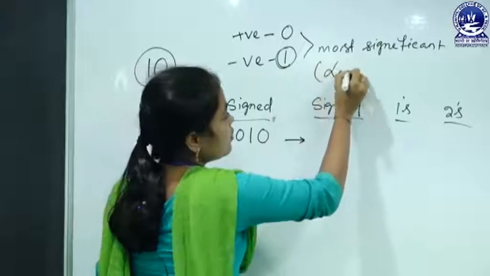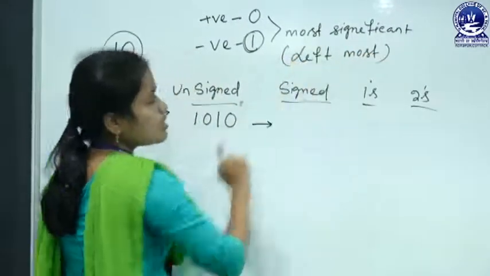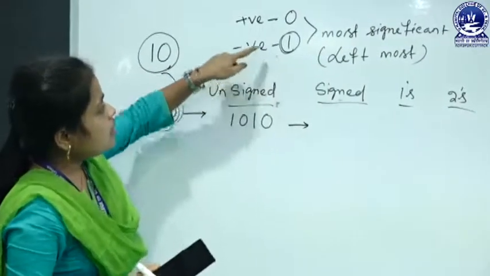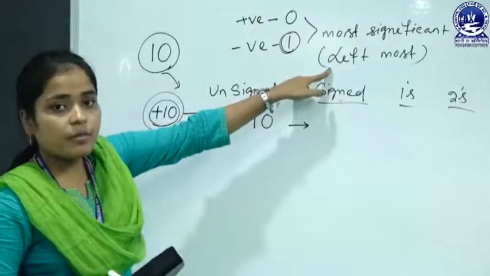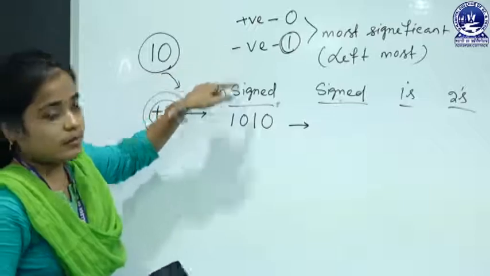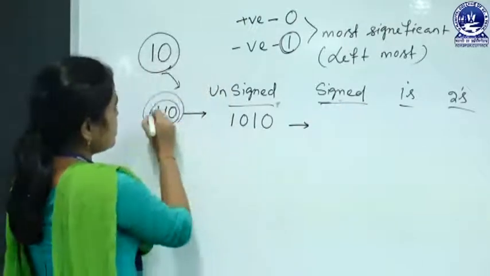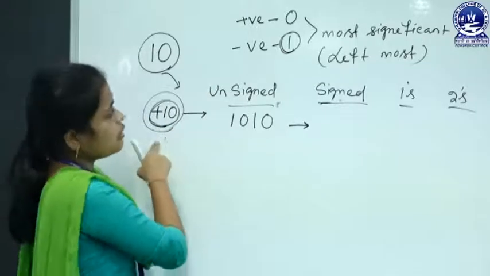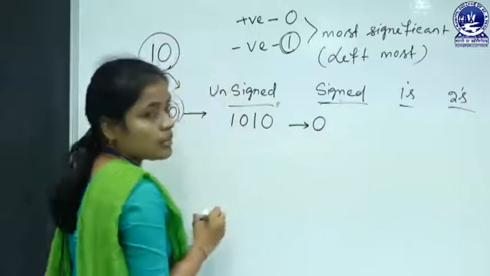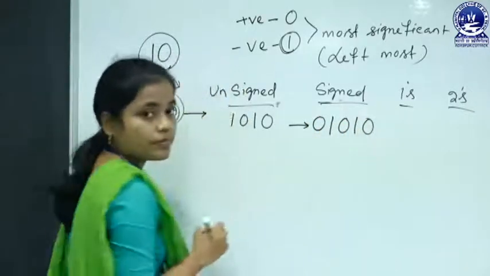The leftmost bit of a binary number is called the most significant bit. By seeing the leftmost bit of a binary number, you can tell whether that number is positive or negative. So, for the signed value, as it is plus 10, the most significant bit is 0. So, first you place 0, then 1 0 1 0.